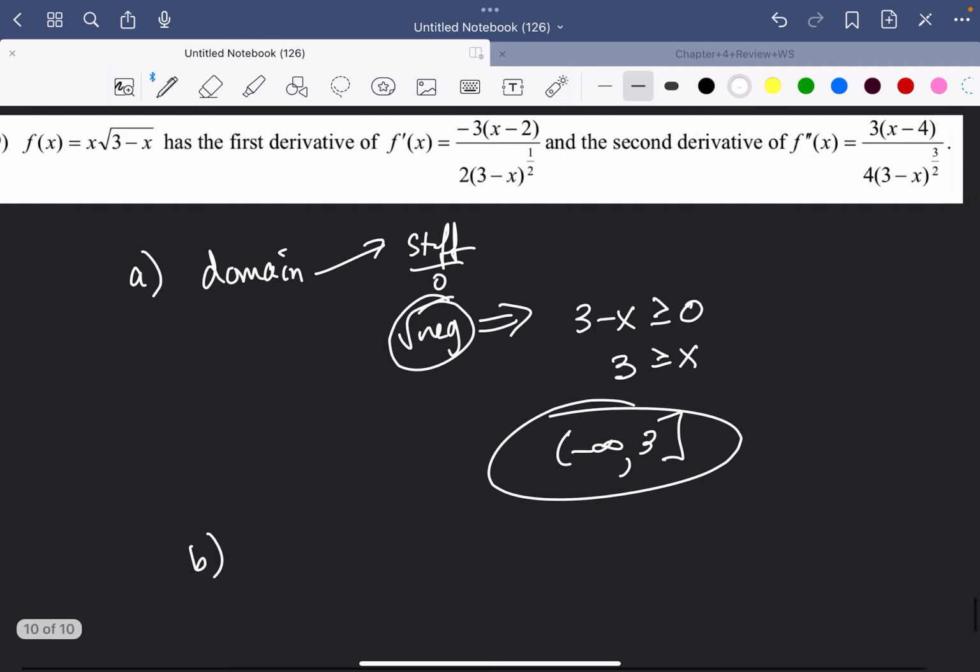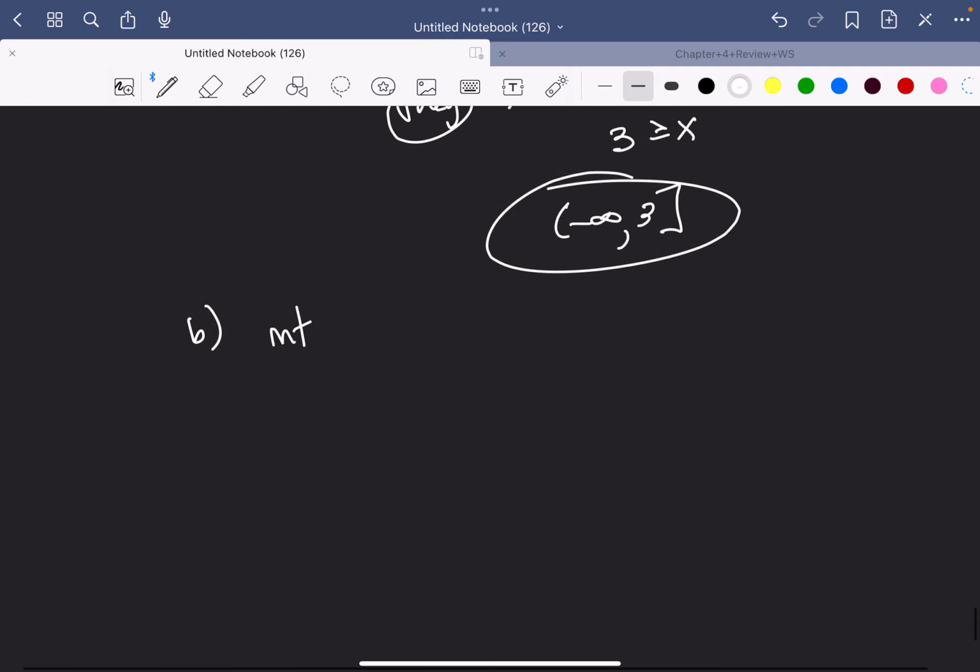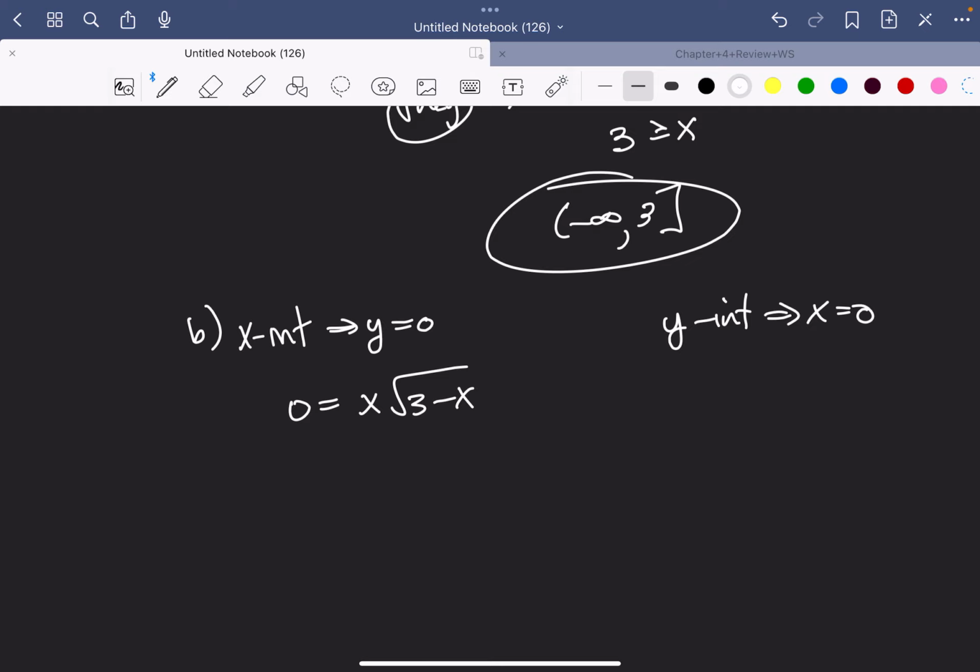So for part B, we're going to talk about the intercepts. And you know that the x-intercept is where y equals 0, and the y-intercept is where x equals 0. X-intercept is where y equals 0. That means you would just take your whole function and set it equal to 0. So this is either x equals 0 or this equals 0. If you square both sides, you get x is equal to 3.